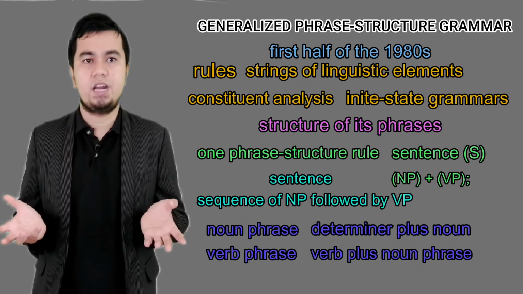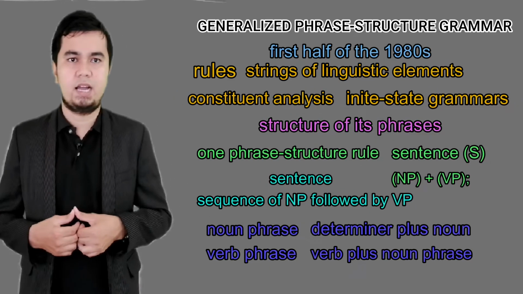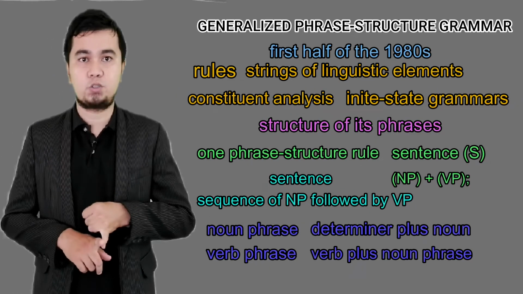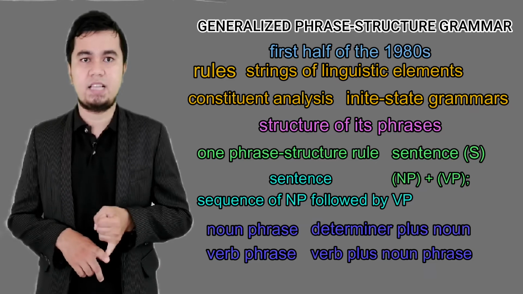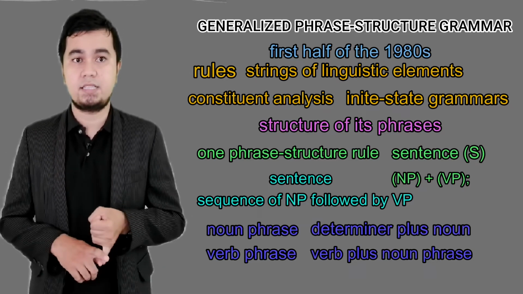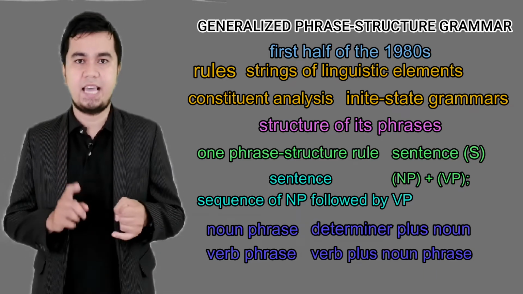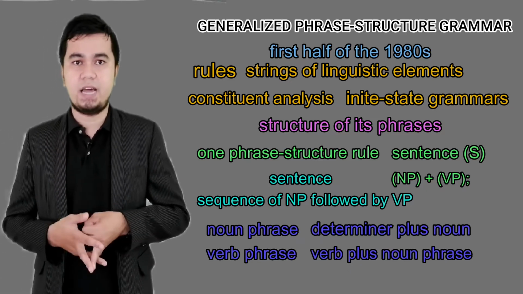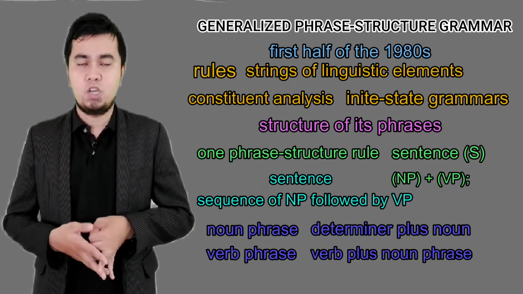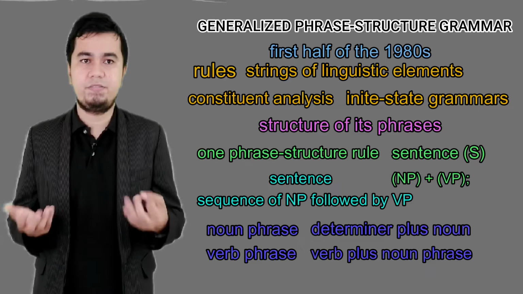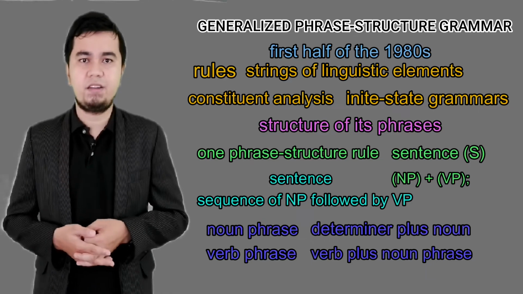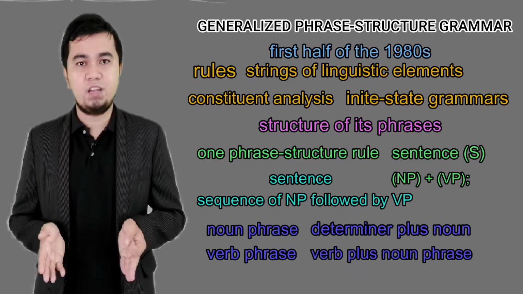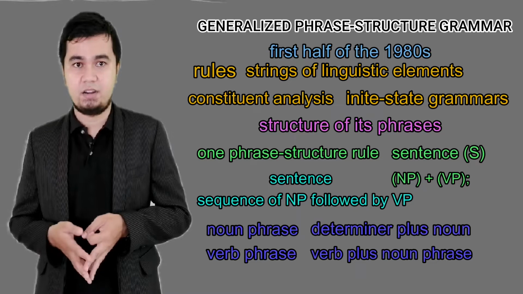For example, one phrase structure rule specifies that a sentence, or S, can be rewritten as NP and VP, that is, a noun phrase plus a verb phrase. A sentence is then defined as a sequence of NP followed by VP, right?